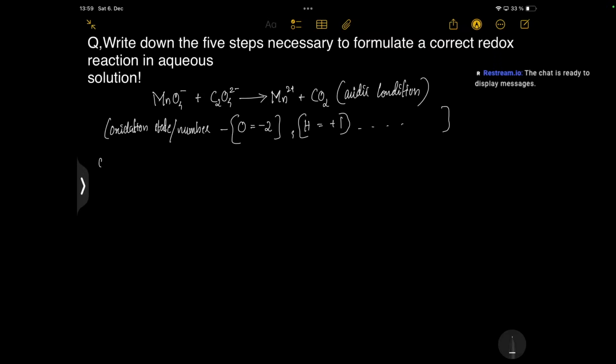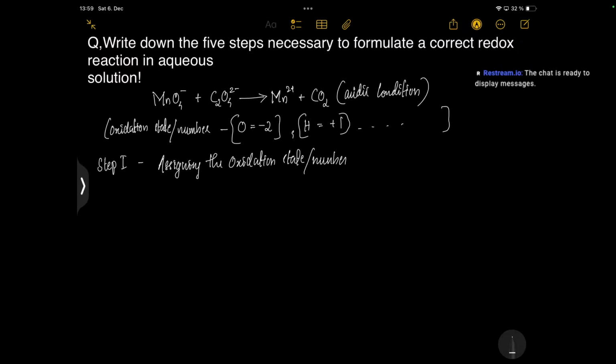And step 1 would be assigning the oxidation state or number.